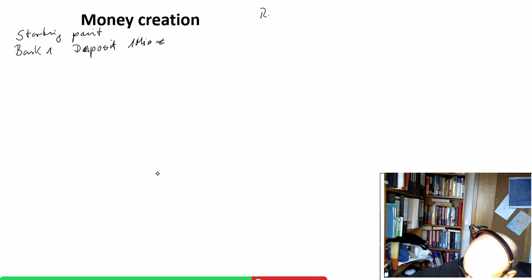So starting point: bank 1, deposit of 1 million euros and reserve ratio of 10%.